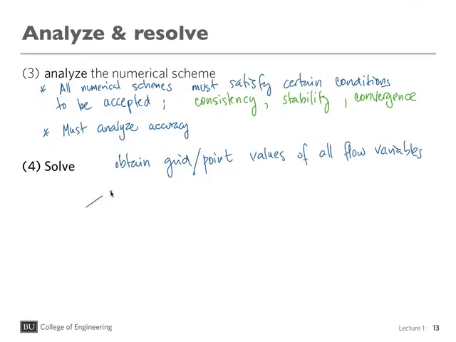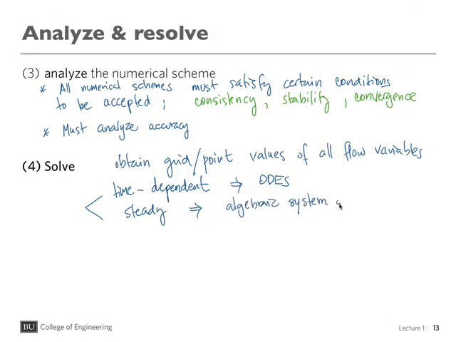You can have unsteady situations, time-dependent, and in this case you're going to get ODEs. And you could have steady situations, and in this case you're going to get just an algebraic system of equations. So basically the two things that we need in this step are time integrators and linear solvers. These are the two final things that we need.